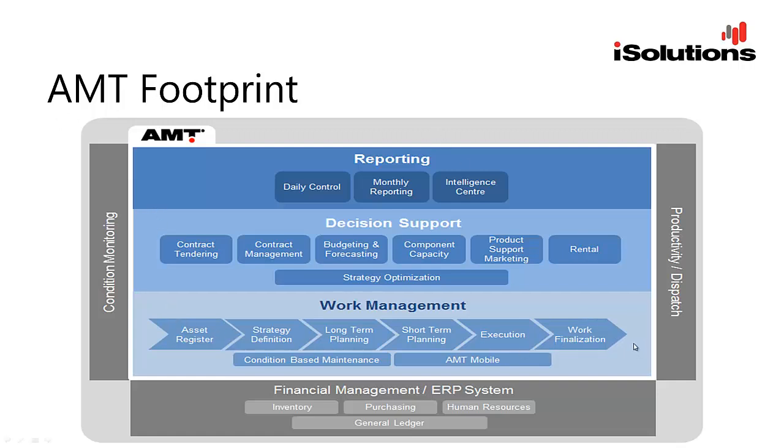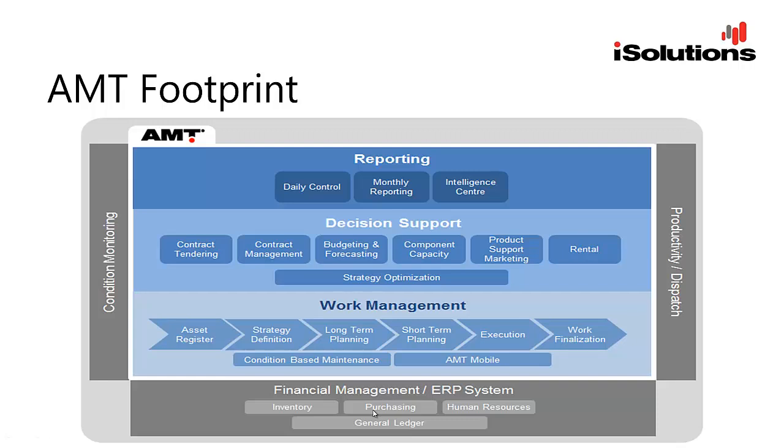I guess another way of just explaining it is to say what AMT doesn't do. So AMT is not a condition monitoring system, but we do want to get condition monitoring data in. It's not a productivity or a dispatch system, but we do want to link into the MineStars or Modular Mining programs to get downtime and things in. And also any other system to get utilization in, whether it's Link 1 or something like that. But most importantly, AMT is not an ERP system. It's not an SAP.